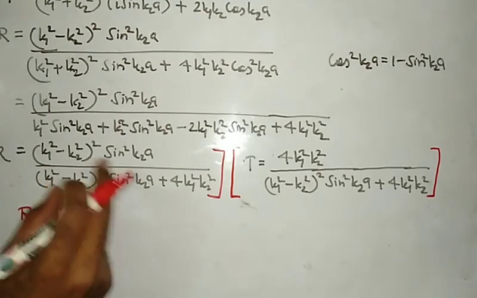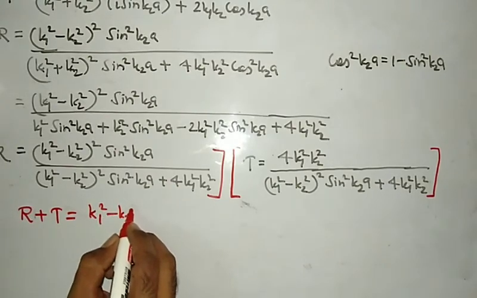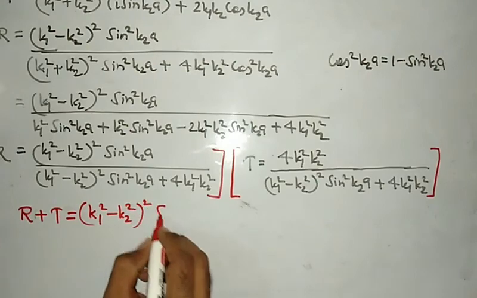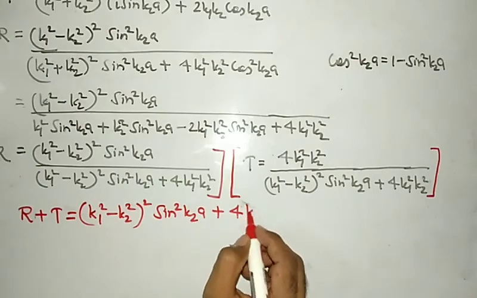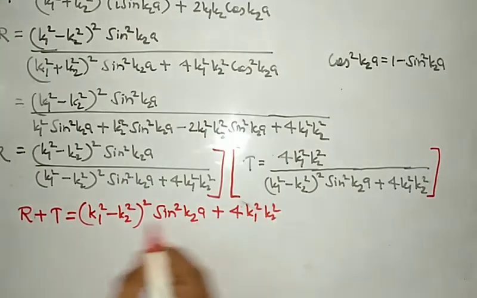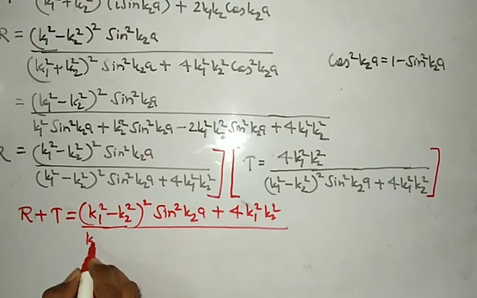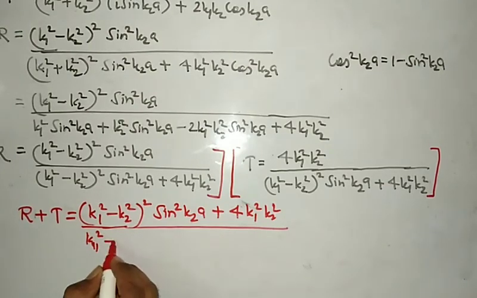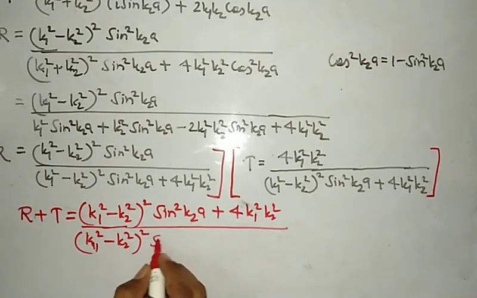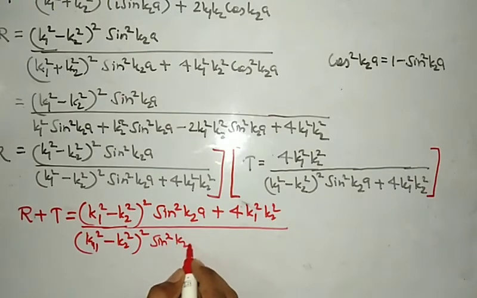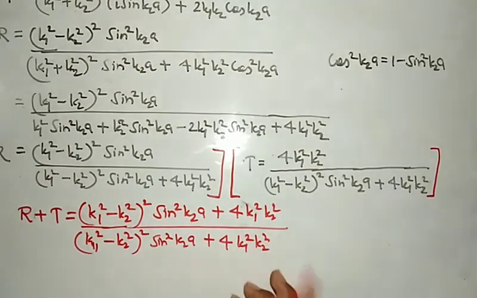When we calculate, we get k1 square minus k2 square whole square sin square k2a plus 4 k1 square k2 square by k1 square minus k2 square whole square sin square k2a plus 4 k1 square k2 square.